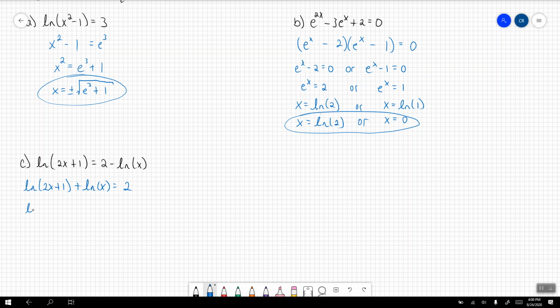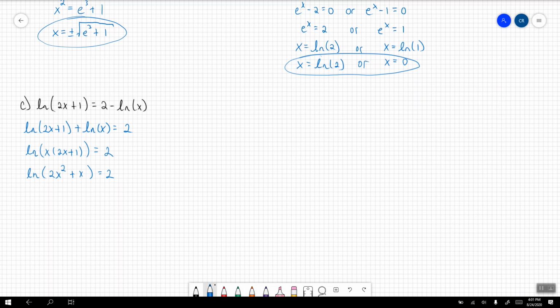We now get natural log of x times 2x plus 1, which is equal to 2. Looking good so far. Let's distribute on the inside of that logarithm. So that's logarithm of 2x squared plus x is equal to 2.